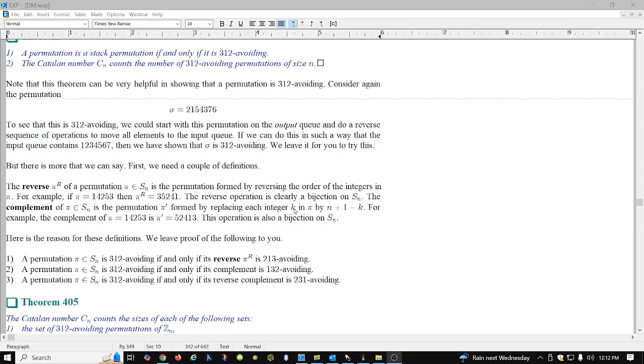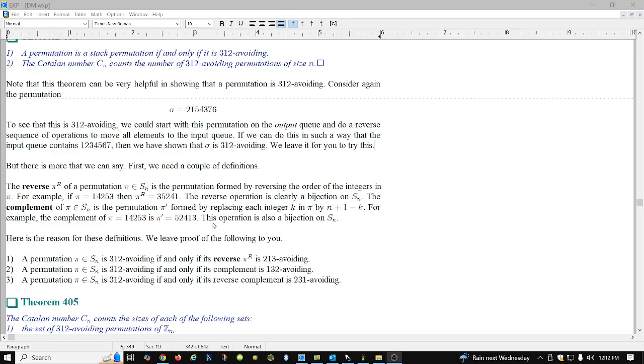When you get all the way up to n, it's replaced by 1. So there's a reversal in size. So 14253 becomes 52413, and I'll let you work out the details on that. This is also a bijection. It's reversible.